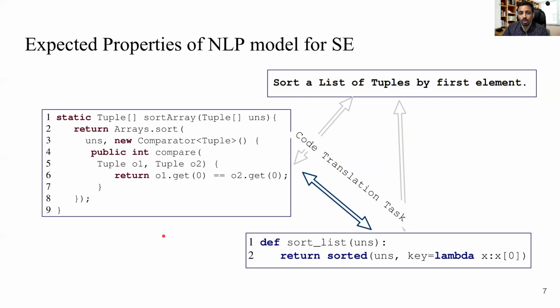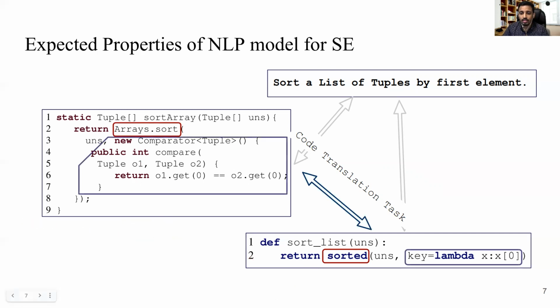But due to the widespread use of different libraries and APIs in software development, such deterministic translation may not always be possible. For instance, in this example, while translating this Java code to the Python code, the tool or the model must understand that Arrays.sort in Java works similarly to the sorted API in Python.